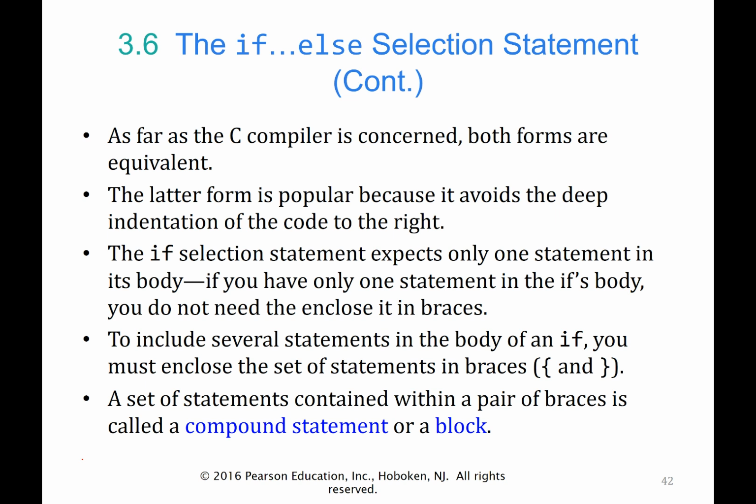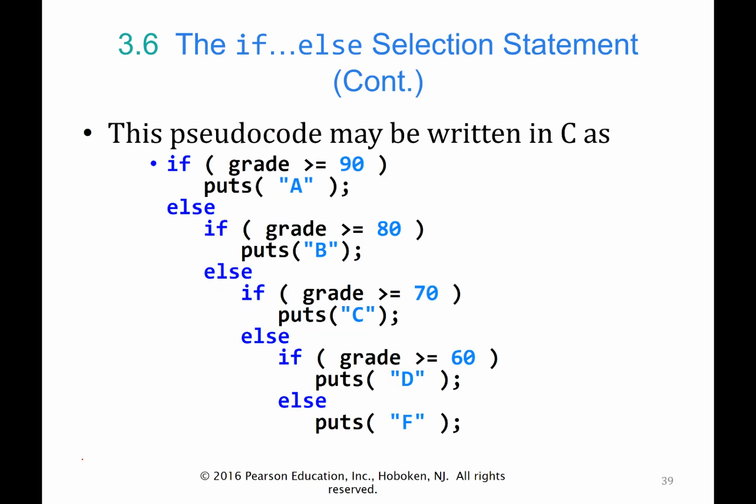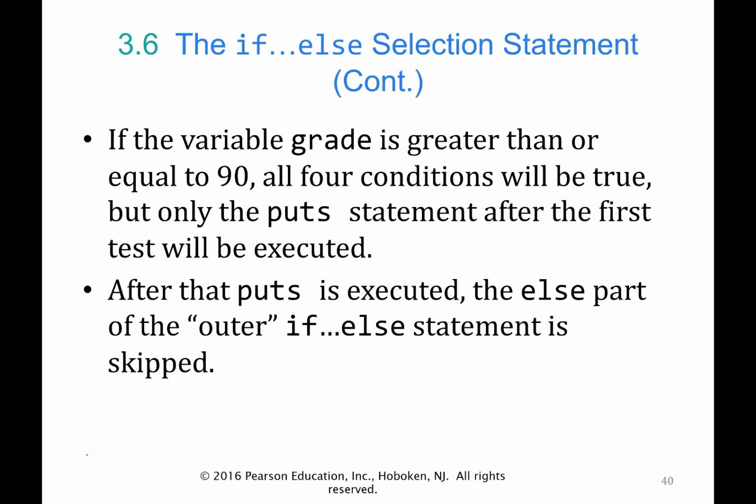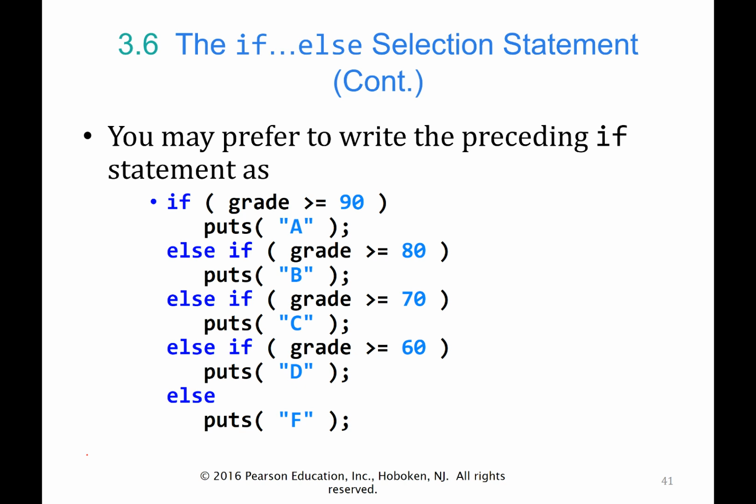The latter is popular because it avoids deep indentation to the right. If you use this format, you're going to end up running out of room on the right-hand side of your screen if your statements get complicated. That's why I tend not to use it. This way keeps it all in the same line. Plus, all these else's are equal to each other in terms of, we look at one, then we look at the other, and the other right there.